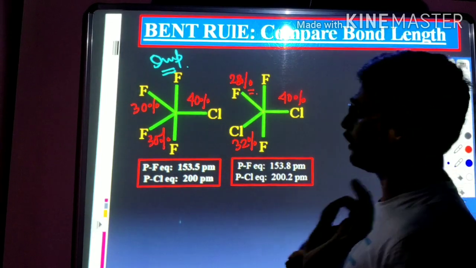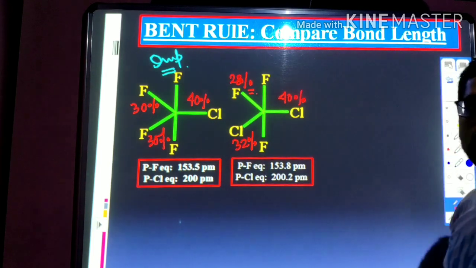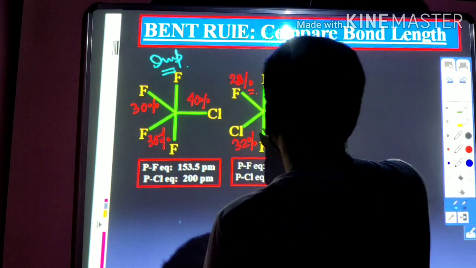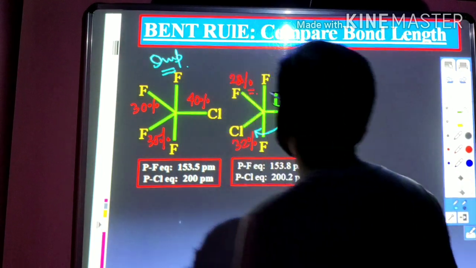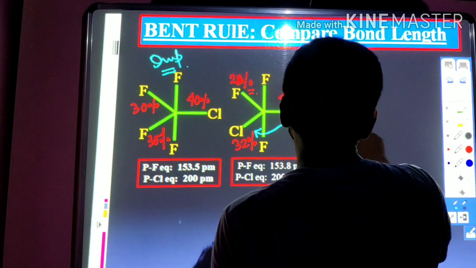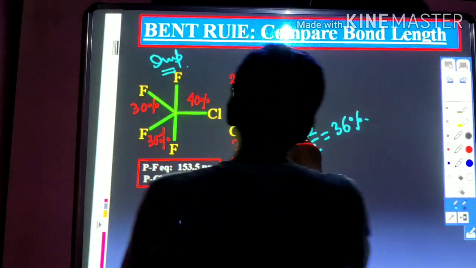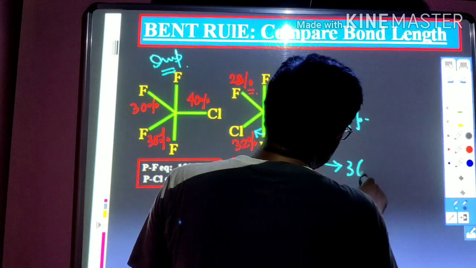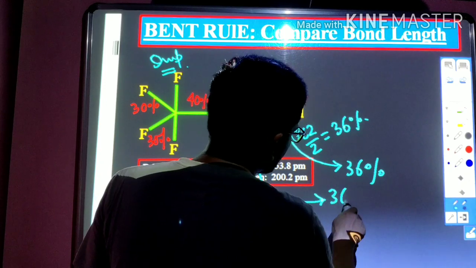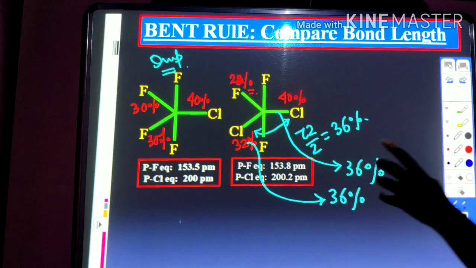Now look very carefully. This 40% and this 32%, if you take the average, can't I write that this is 72 divided by 2 is equal to 36%? I can write, right? So here the percentage of S character now will be 36%, and here the percentage of S character is also 36%.